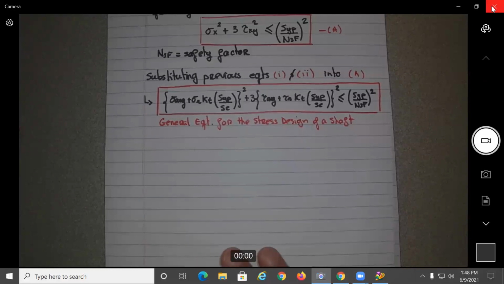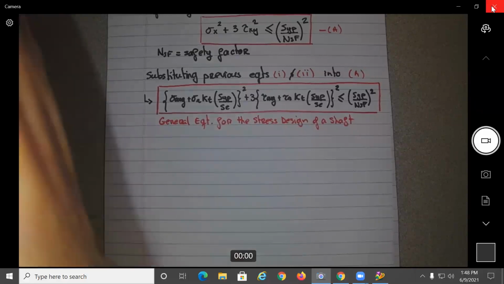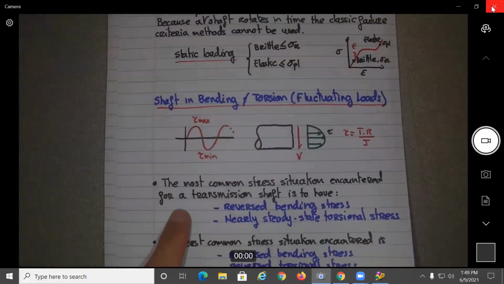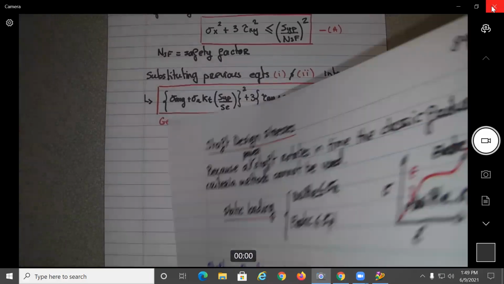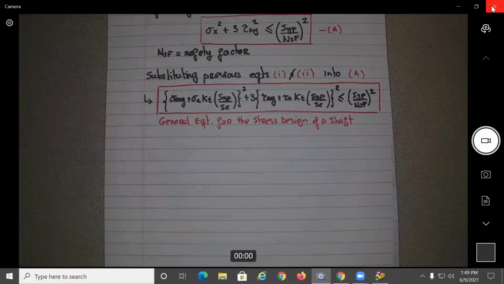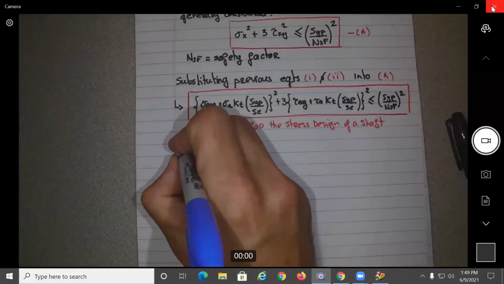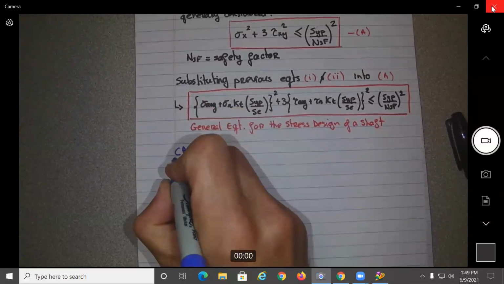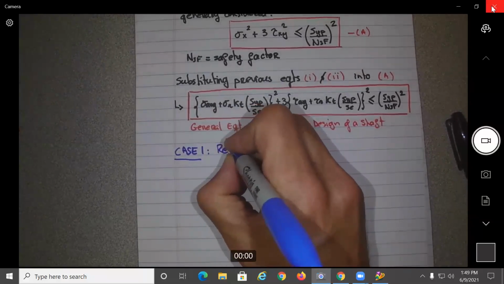All right, so on the previous page, or on page 89, what do we say? The most common situation encountered is when there is reverse bending and nearly steady state torsional stress. Okay, so what we're going to do over here is case one, which will be reverse bending, as we said before.